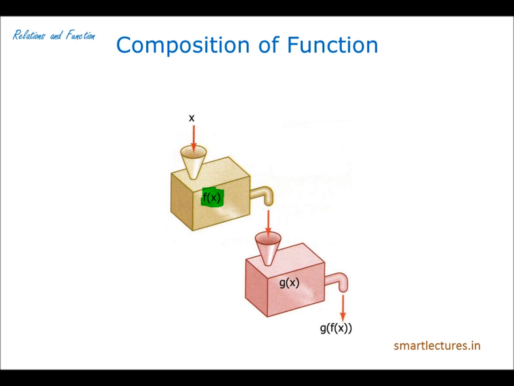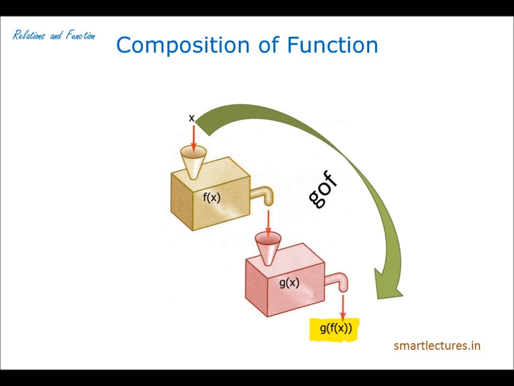And now this output f of x becomes input for another machine g of x. And again, g of x will process this input value and generate another value g of f of x. And this value g of f of x is called the composition of function f and function g.